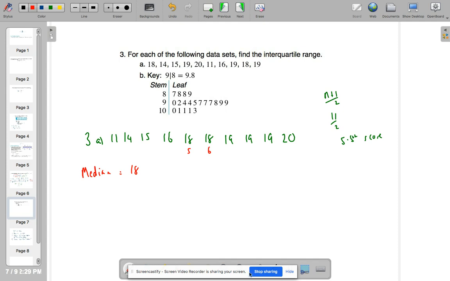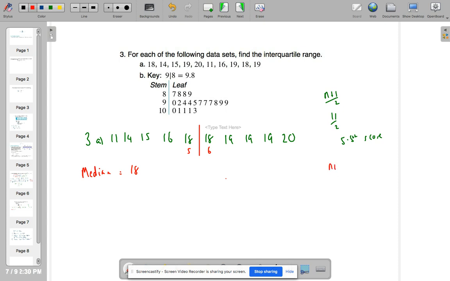Now I draw a line down the middle there, dividing top half and bottom half. So now I've got 5 things in the bottom half.